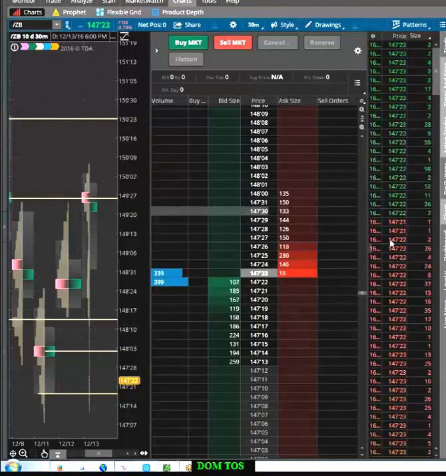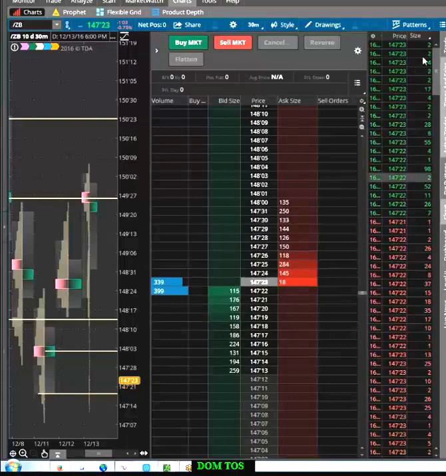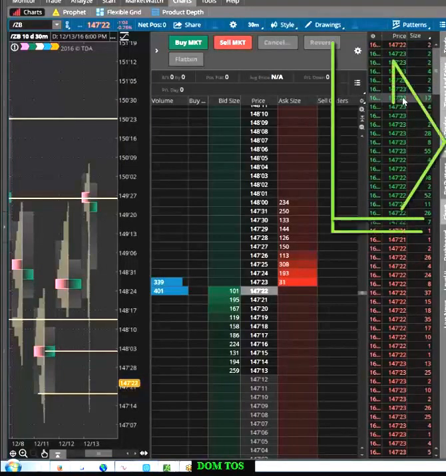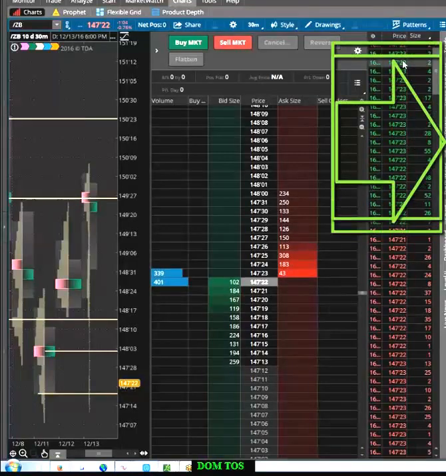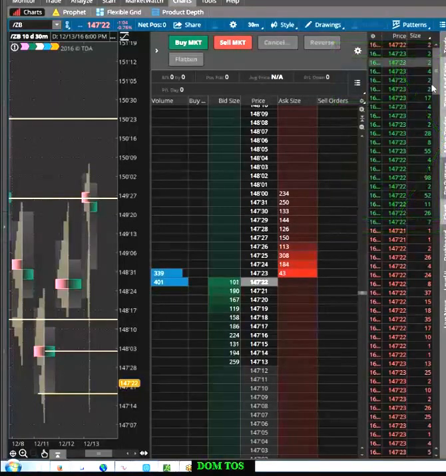If I look at this whole block here, 147.23 all the way up, I could pretend that's one order of about 100. It's probably about a 100 lot right there, because it all came through at the same second. So that's just being broken up into bits and pieces.